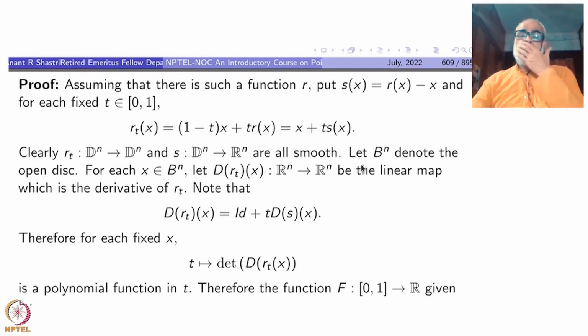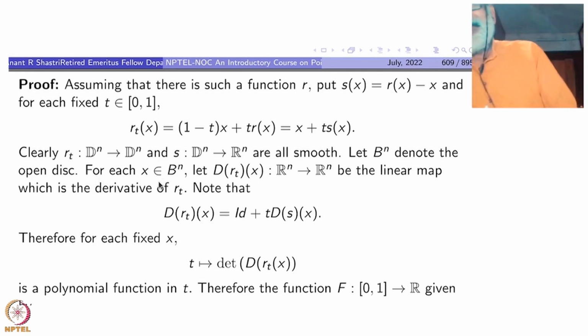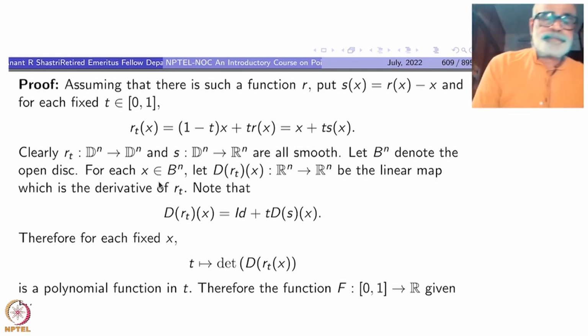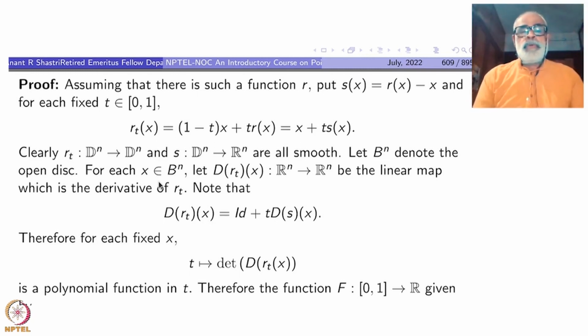Now let us have a notation here. Bn denotes the open disk, namely the set of all points wherein norm x is less than 1. For each fixed x inside Bn, take the total derivative of Rt. That's a linear map from Rn to Rn.